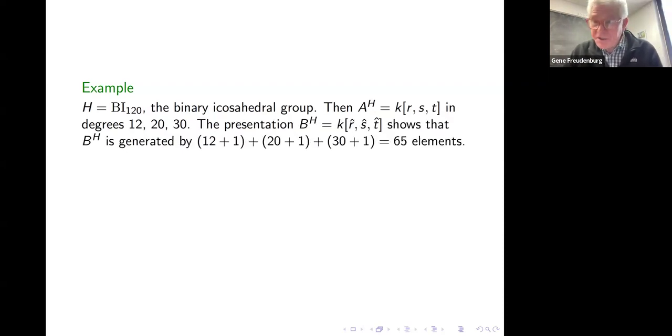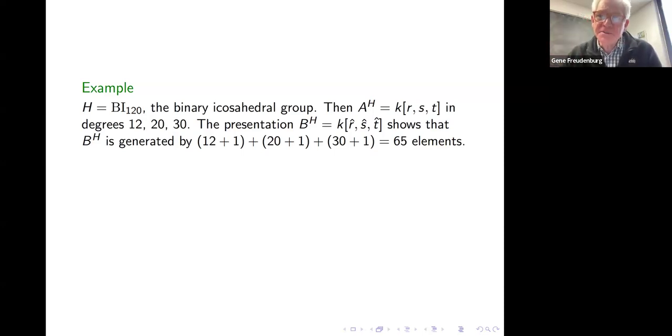So this gives us a presentation according to that lemma. And in that presentation, BH is generated by 12 plus 1 plus 20 plus 1 plus 30 plus 1, which is 65 elements. All right, so you have a very long list of generators if you just take this immediate presentation that you get.